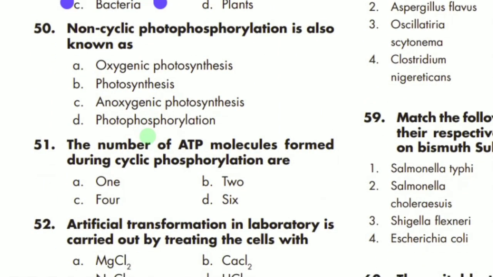Then the 50th MCQ says that non-cyclic phosphorylation is known as photosynthesis. B is the correct option. MCQ 51 says that the number of ATP molecules formed during cyclic phosphorylation is actually 6 ATP molecules, so D is the correct option.